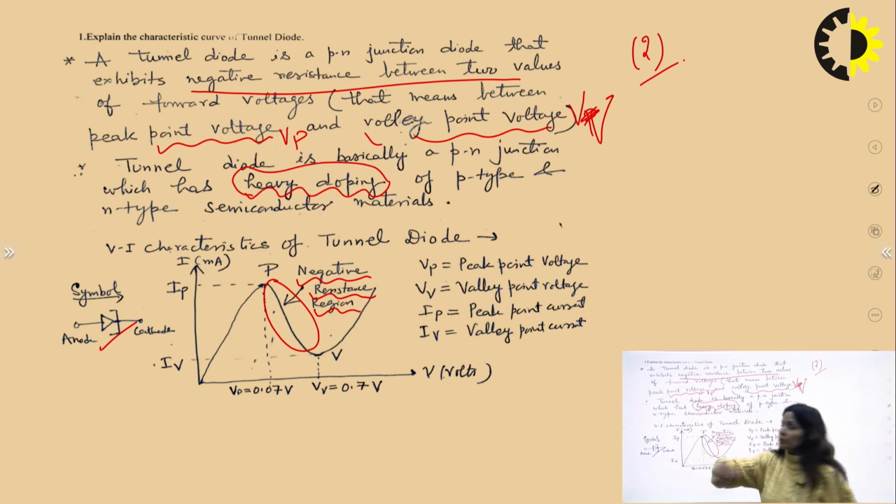See, all the important points have been covered in a 2-mark question. You have made the characteristics, you are explaining that it is having heavy doping, you are showing the negative resistance region in the graph and explaining that it is occurring between the peak point and the valley point. This is a better way to answer the question. Answer according to the question.